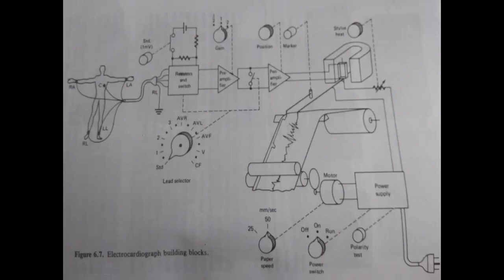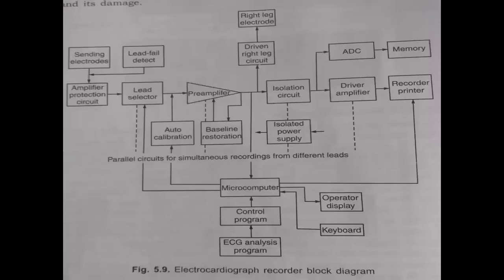Over that, the recorder pen moves. This recorder is connected to the driver amplifier. To keep the center position of this pen, there is a baseline restoration system. Like this, there are a number of blocks.